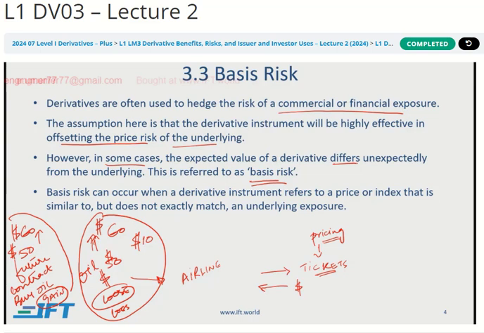So let's say, for example, in the futures market, it does not go up to 60 exactly, it goes to maybe 59, right? Whereas the spot market has gone up to 60 or something like this. So if there is a little bit of difference between the two, this is what is known as basis risk, when it does not exactly match the underlying exposure.